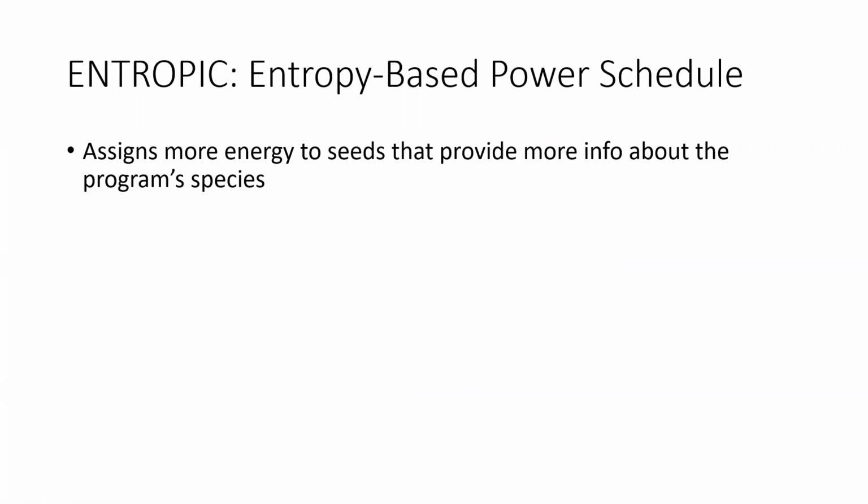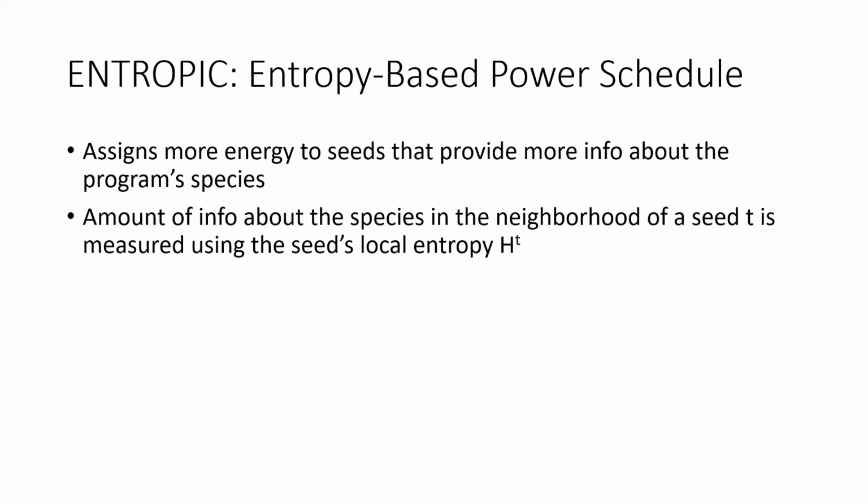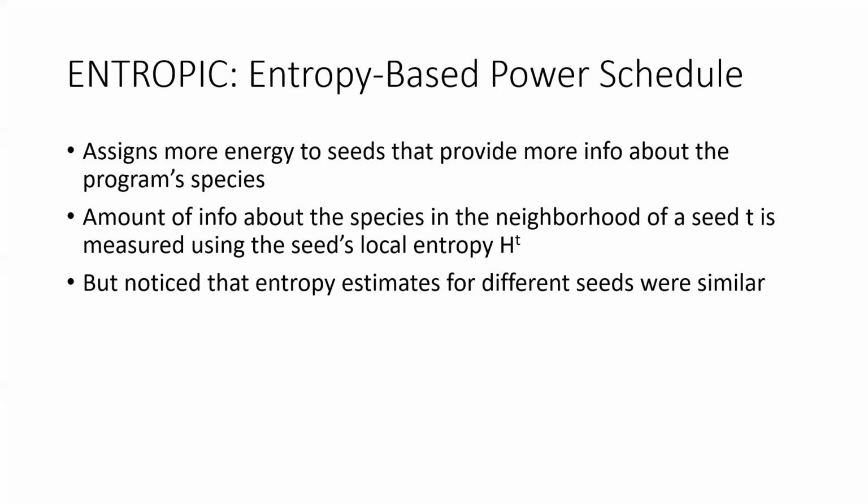So we go through the power schedule that Entropic modifies, and basically it's the same thing. It just assigns more energy to seeds that provide more info about the program's species, and the amount of info about the species in the neighborhood of a seed T is measured using the seed's local entropy H_T, which we saw the formula for earlier.